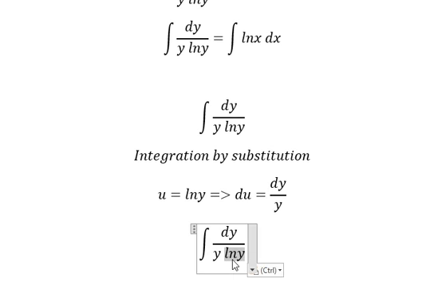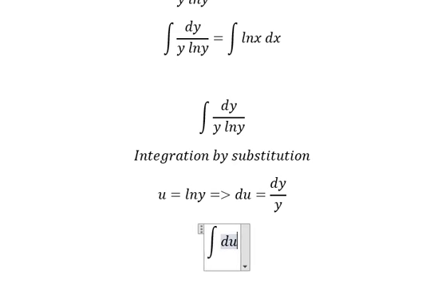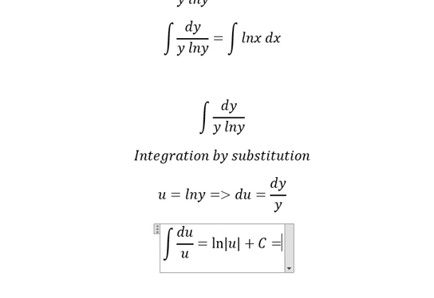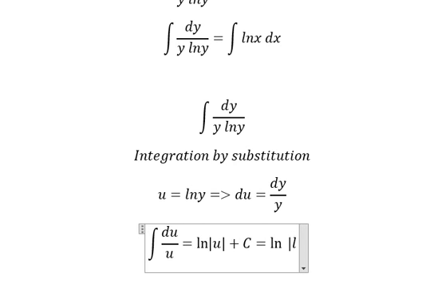So this one we change by u, dy over y we change for du. The integration of this one we have ln of the absolute value of u, and we put c. For u we have ln y.